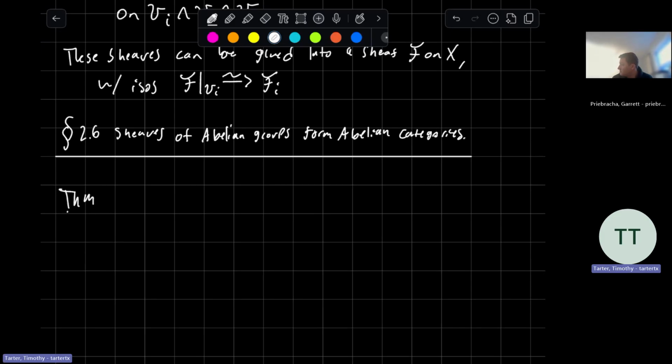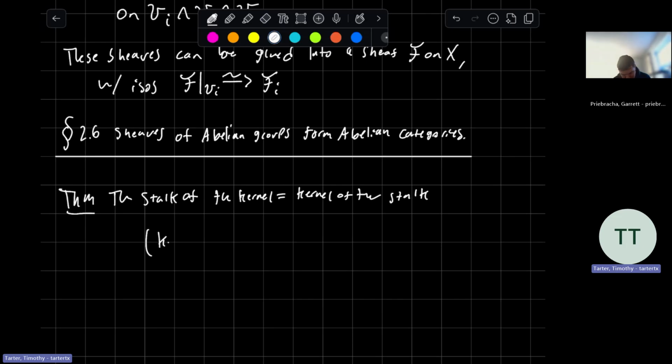The theorem: the stalk of the kernel is the kernel of the stalk.